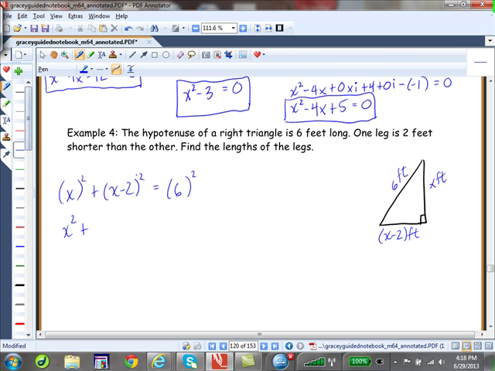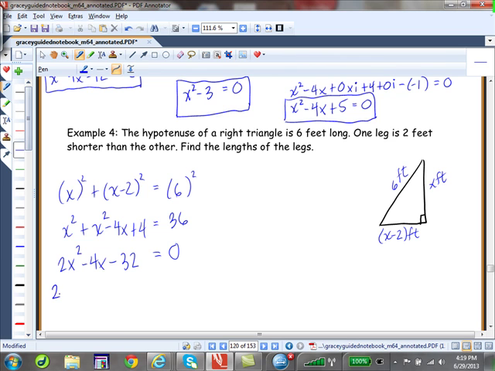So we'll get x squared plus, so this is going to be x squared minus 4x plus 4, and then we'll get 36 over here. So we're going to have 2x squared minus 4x. I'm going to bring the 36 over here. So 4 minus 36 is negative 32. That's going to be equal to 0.